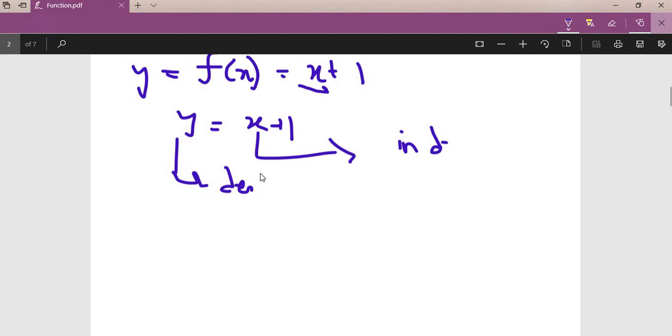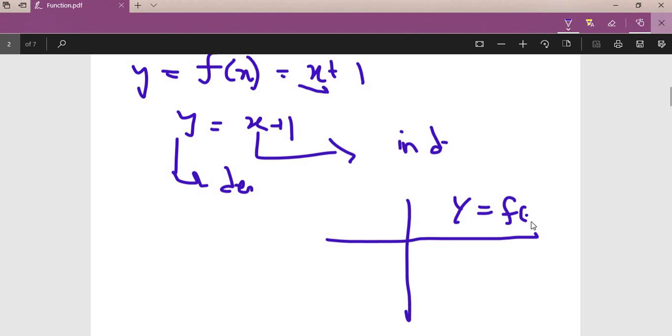So let me make a chart for this. This is y is equal to f of x, and this is the value of x. If I put x is equal to 0 here, then this will be 0 plus 1, which is equal to 1, so the value of y is 1.